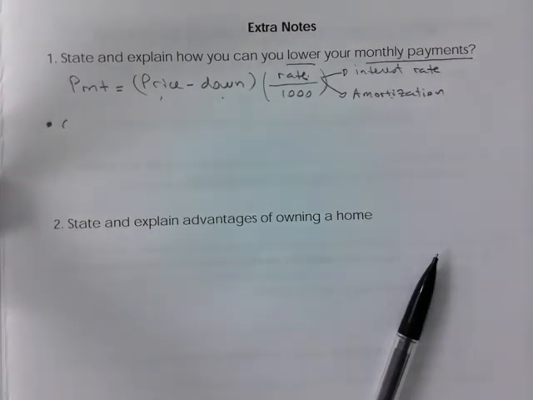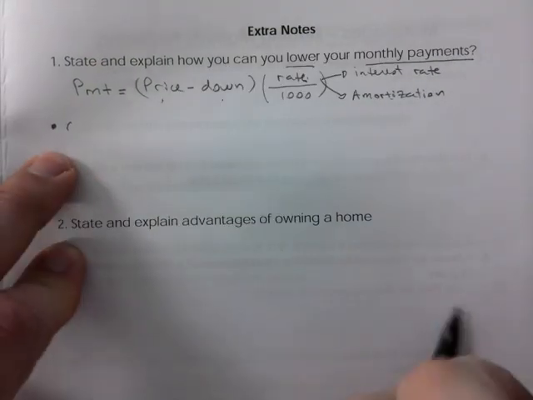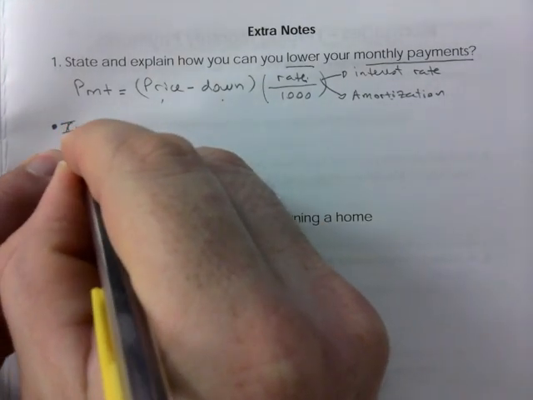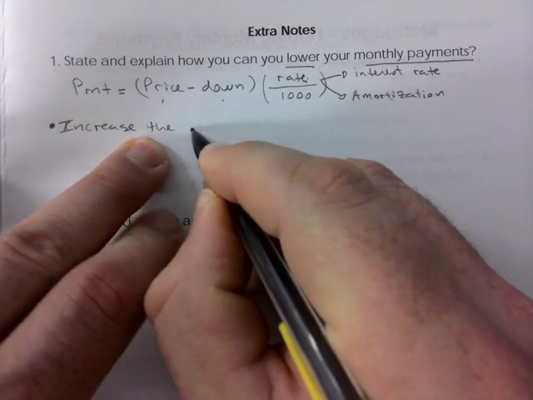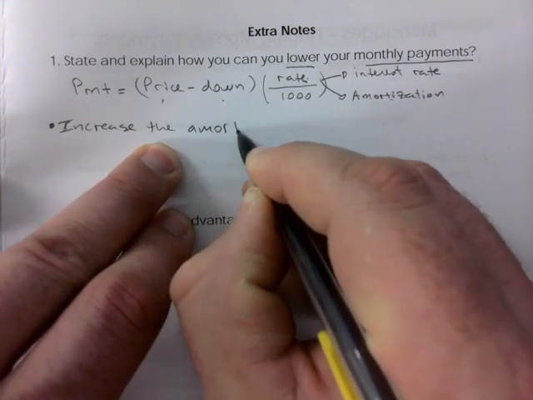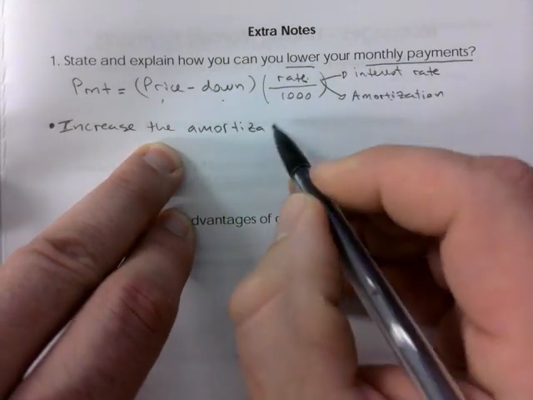If you want a lower payment, you need to take longer to pay off, right? Because you have more time. So increase the amortization period.